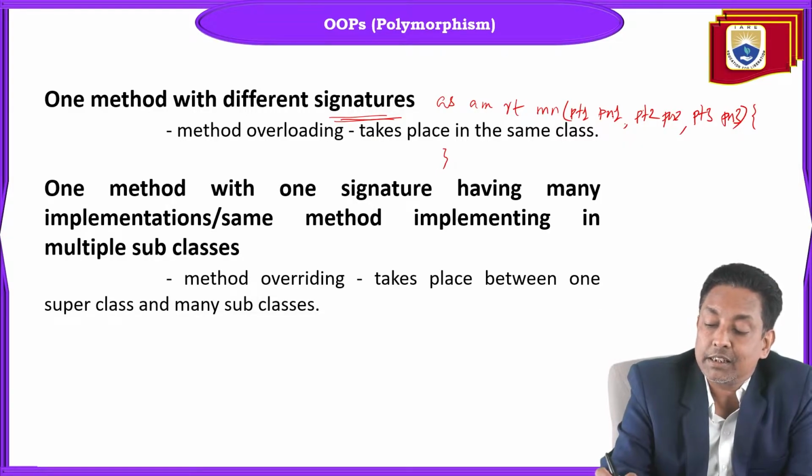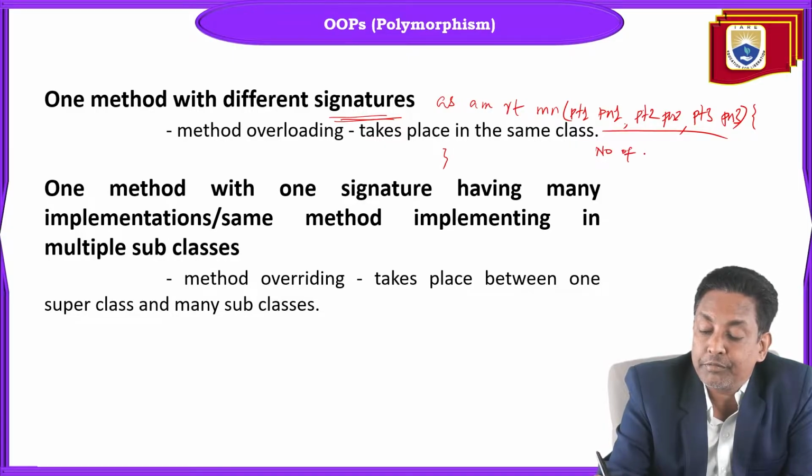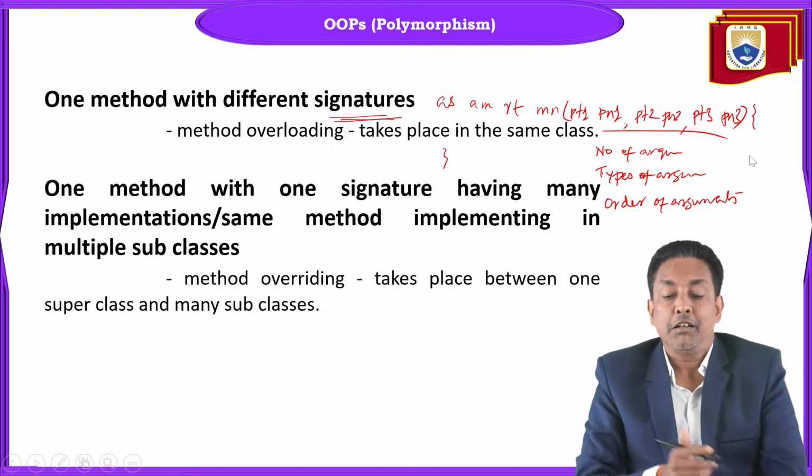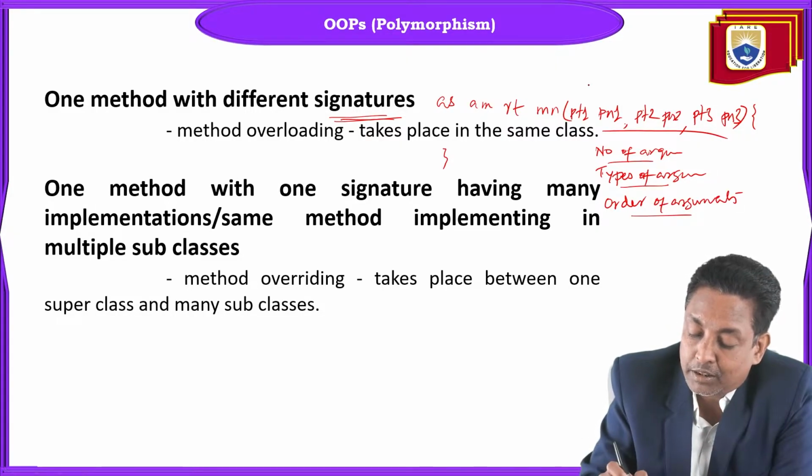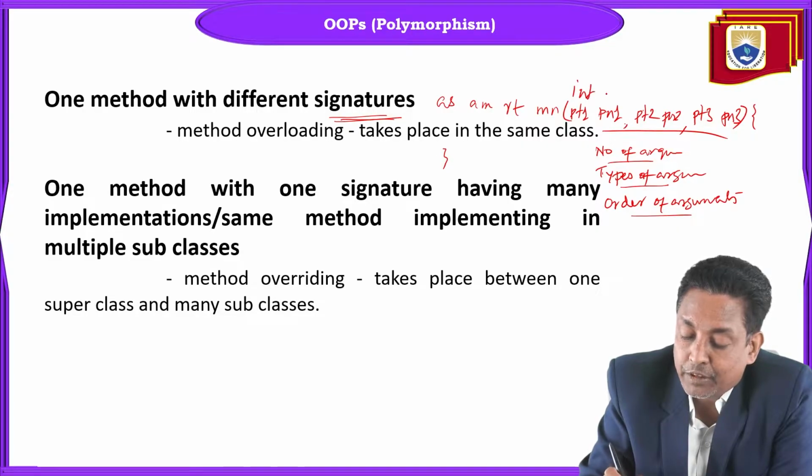Method signature means the number of arguments, type of arguments, order of arguments. Method signature tells the number of arguments, type of arguments, and order of arguments. For example, suppose a method has int a, double d, string str.